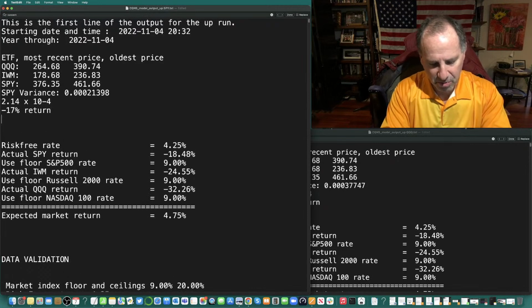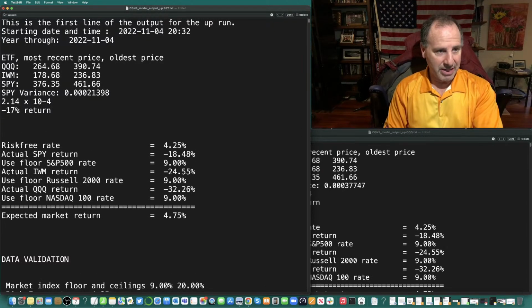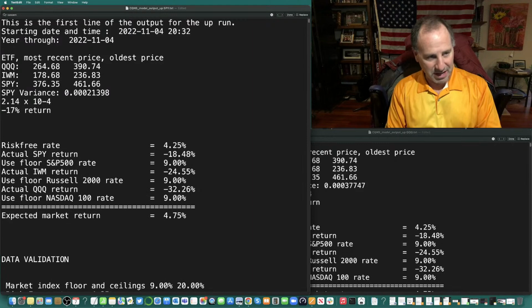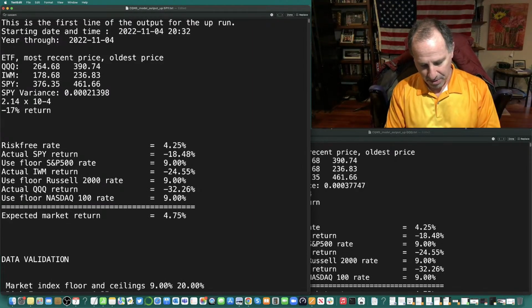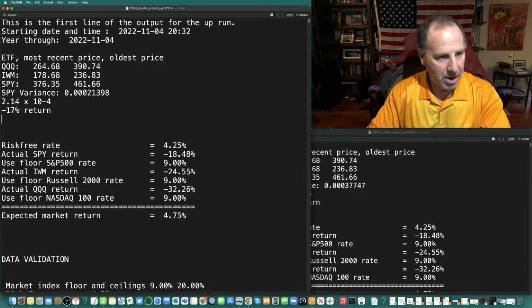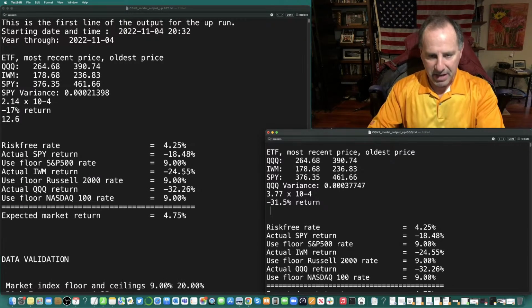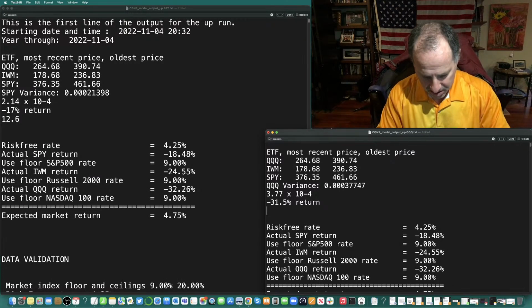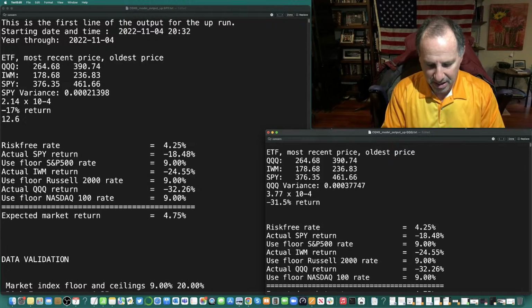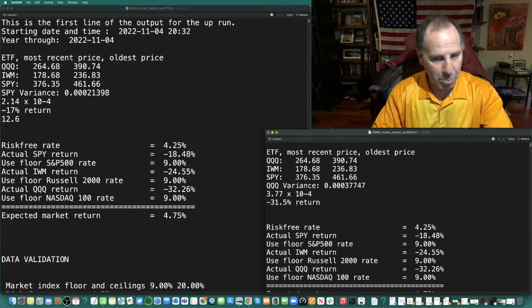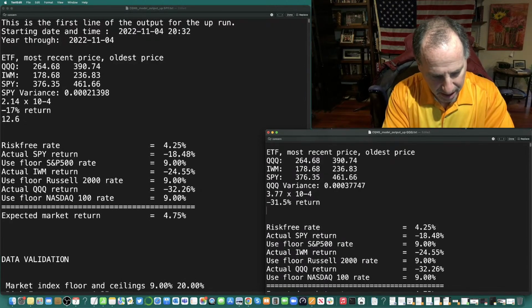So the question is, is there some way to normalize this, right? So I'm getting my handy calculator here on my phone. If I divide 2.14 by 0.17, I get 12.6. And on this one, if I divide 3.77 by 0.315, I get roughly 12.